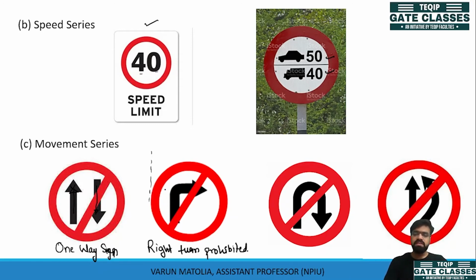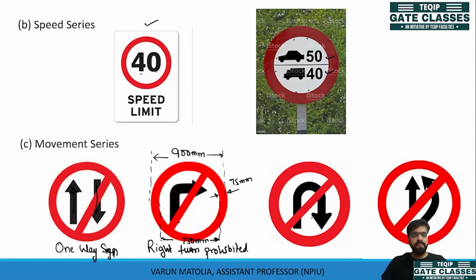The size of these signs is similar, 900 mm. These red boundaries are 75 mm, so the internal space is around 750 mm.